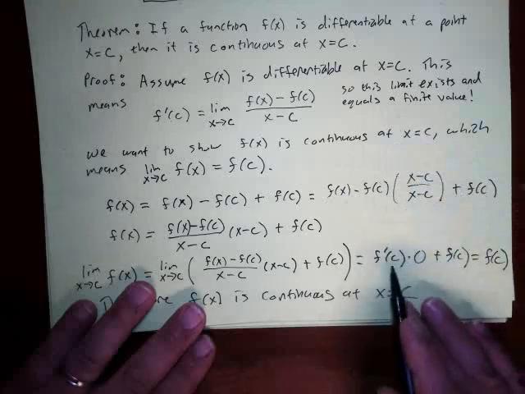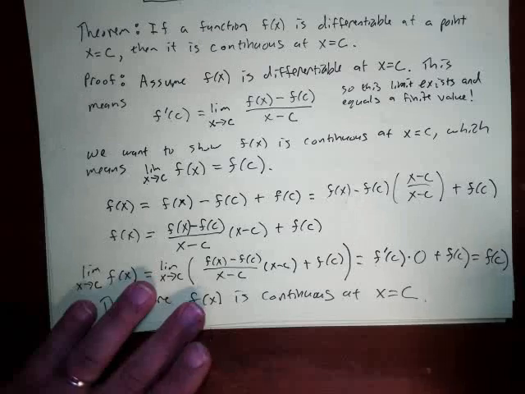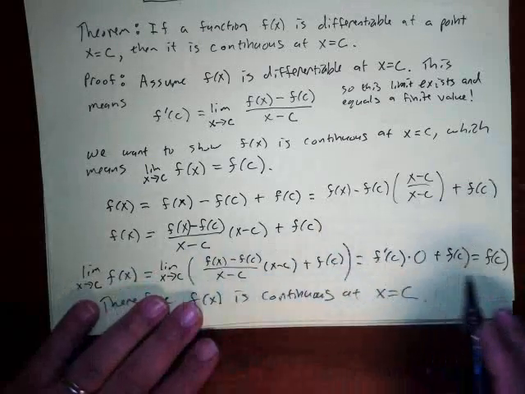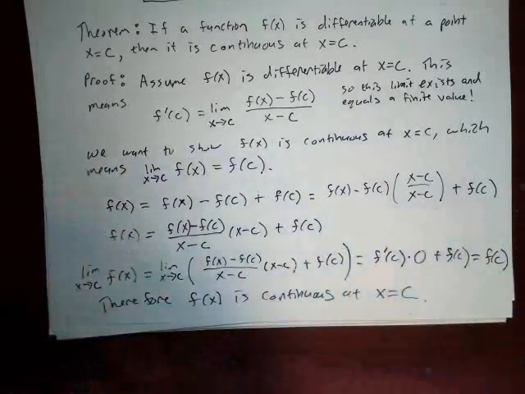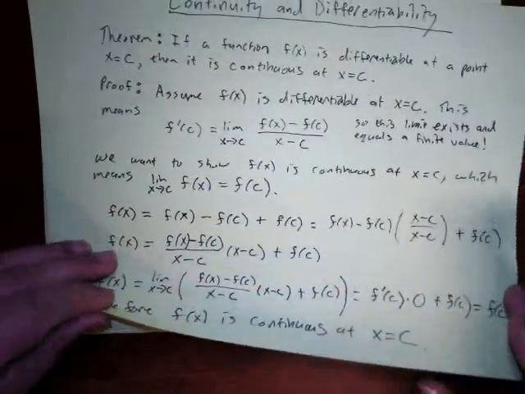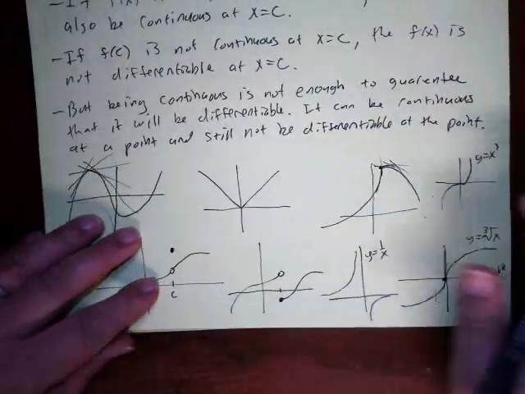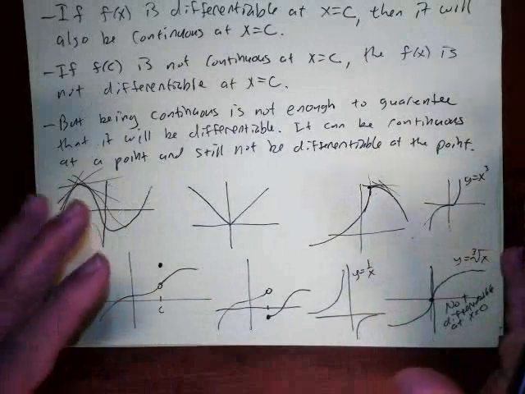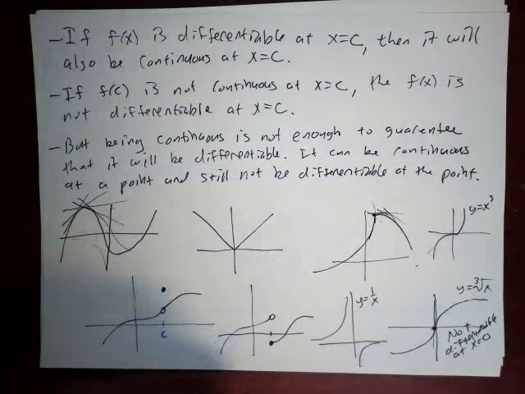If this were infinity, then this product wouldn't necessarily go to 0, and I couldn't say that it was continuous there. So one reason the vertical tangent line is not allowed is that you use that finite property in theorems when you want to state things about differentiable functions.